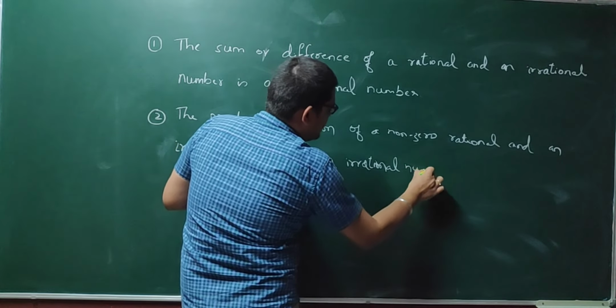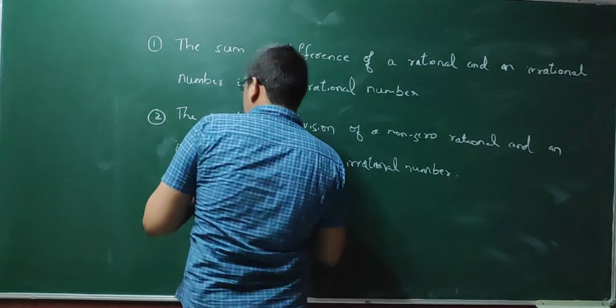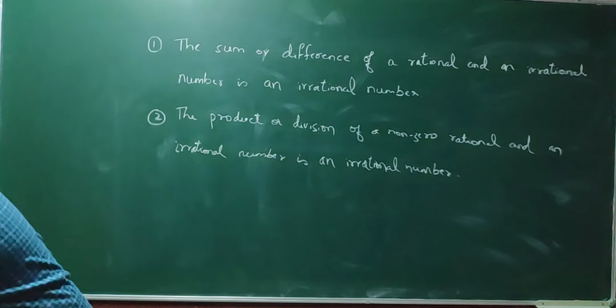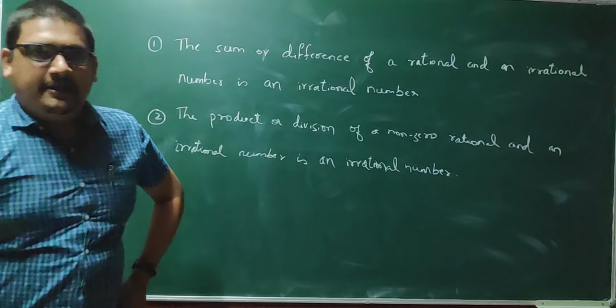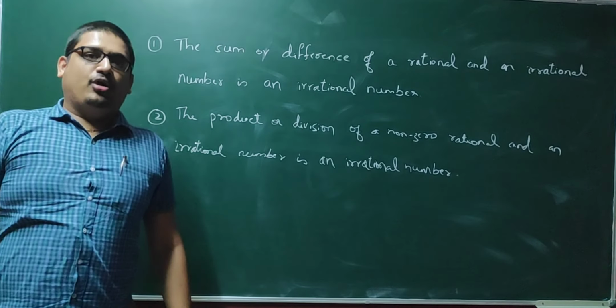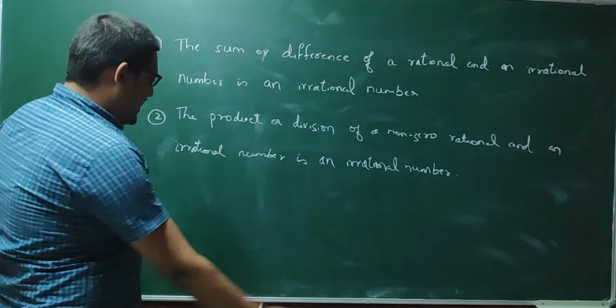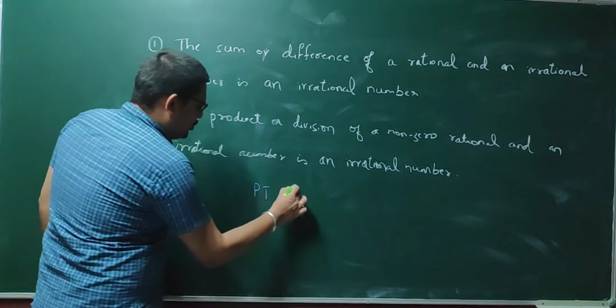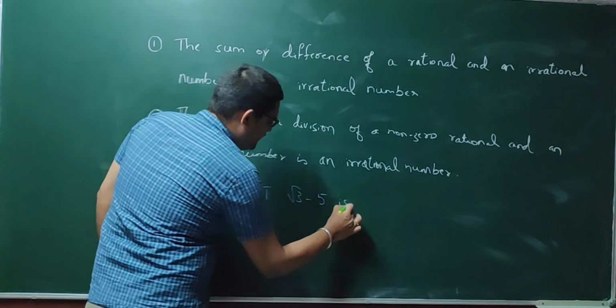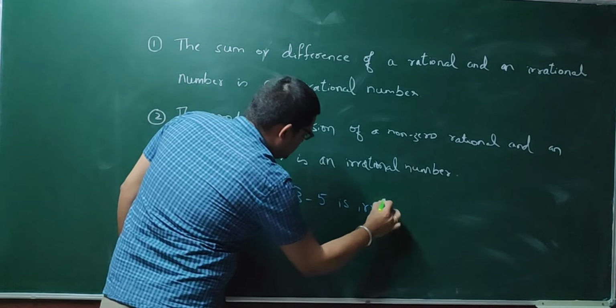These two facts are very important, because in some board questions will come like this: prove that root 3 minus 5 is irrational.